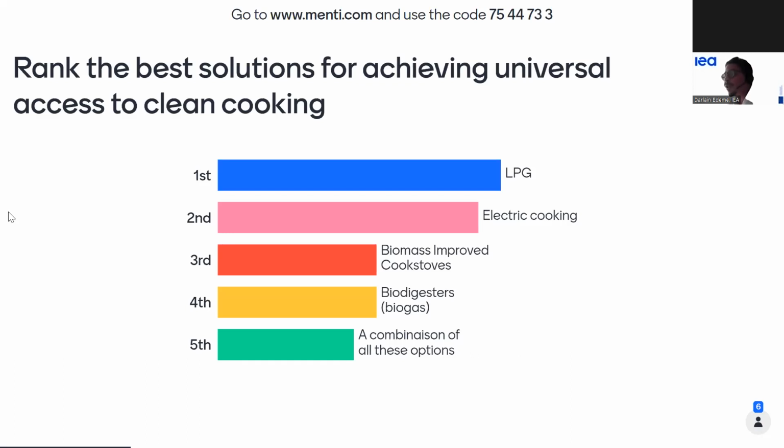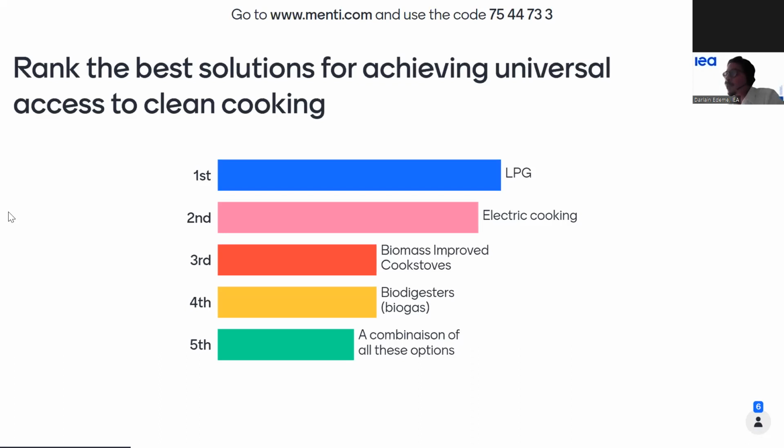For example, if one community, one city, or a specific household doesn't have access to electricity, clearly electric cooking wouldn't be the best option. Maybe we would go with the other options from this list.